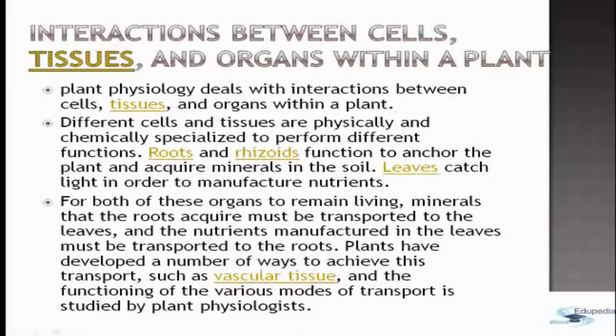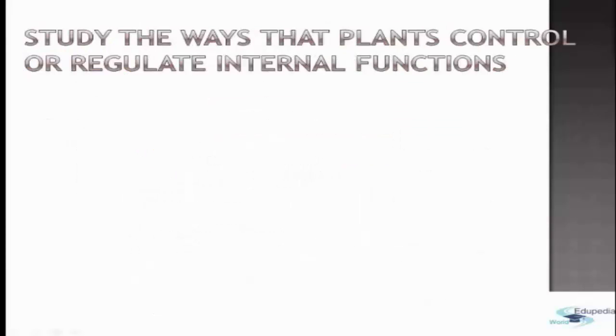For both of these organs to remain living, minerals that the root acquires must be transported to the leaves, and the nutrients manufactured in the leaves must be transported to the roots. Plants have developed a number of ways to achieve this transport, such as vascular tissue, and the functioning of the various modes of transport is studied by plant physiologists.